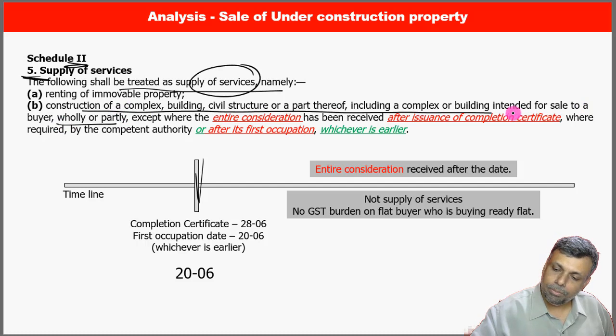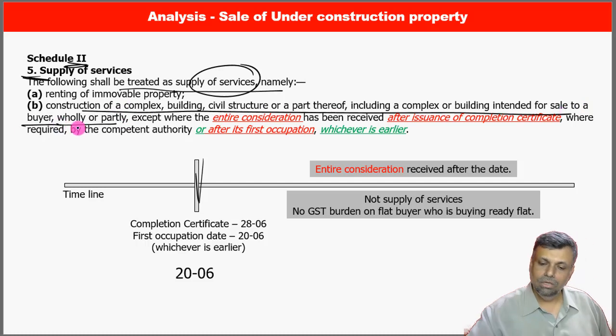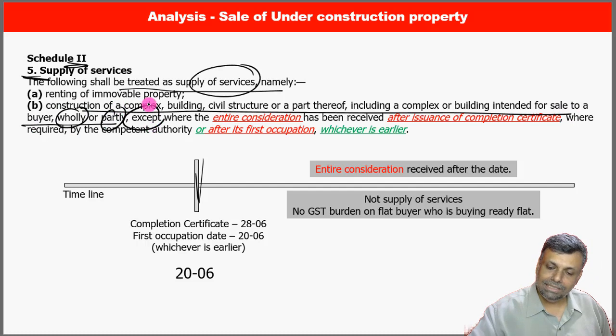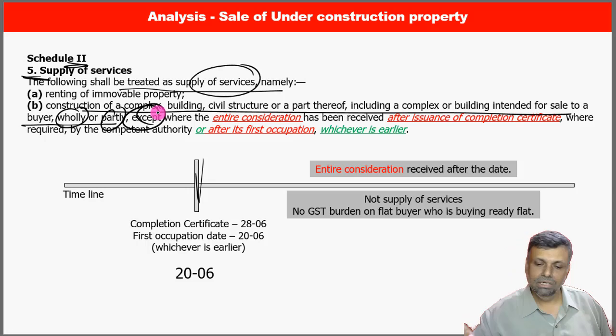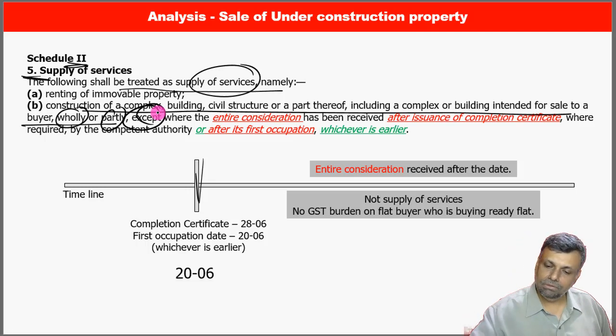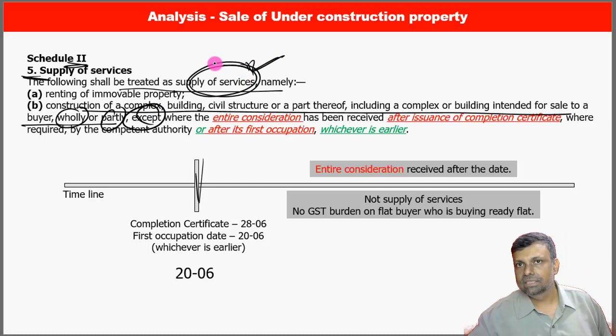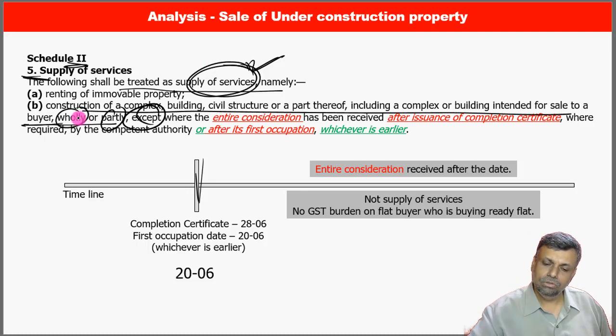So any of these property transactions, wholly or partly, except the following. Normally wherever there is any property transaction, it will be regarded as a supply of services, because you are getting services in relation to the construction of basically an under construction property.